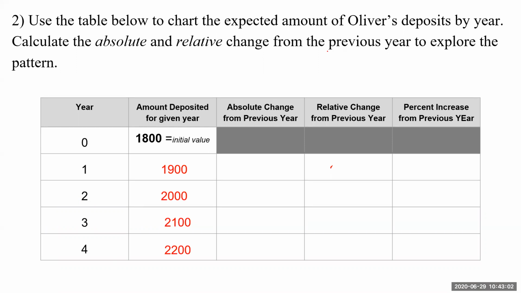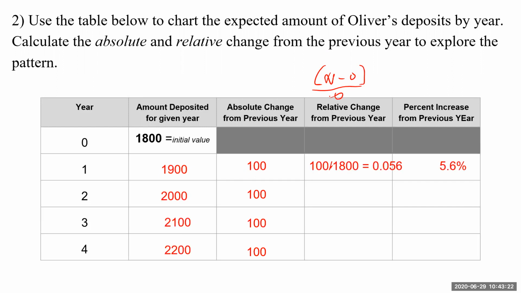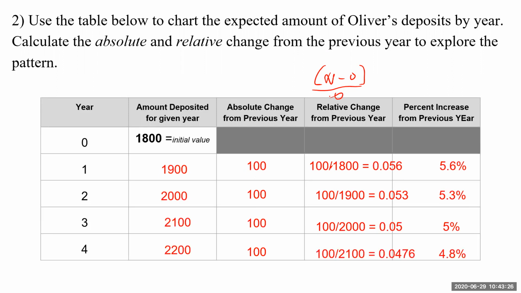So here, to find the absolute change, we will do the new minus the old: 1900 minus 1800. So we realize that absolute change stays constant. Okay, now we want to find the relative change, which is the new minus the old all over the old. Okay, and we realize that that differs, right? It does not stay the same.